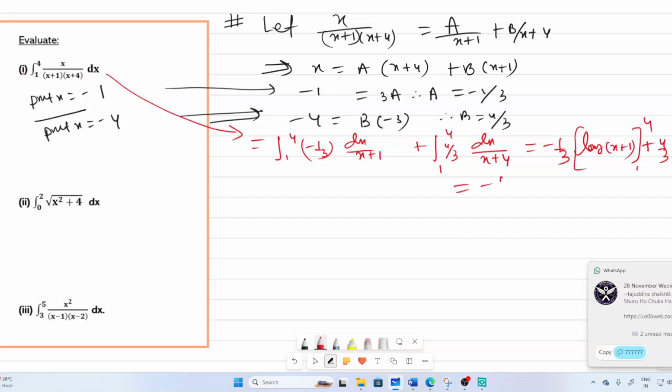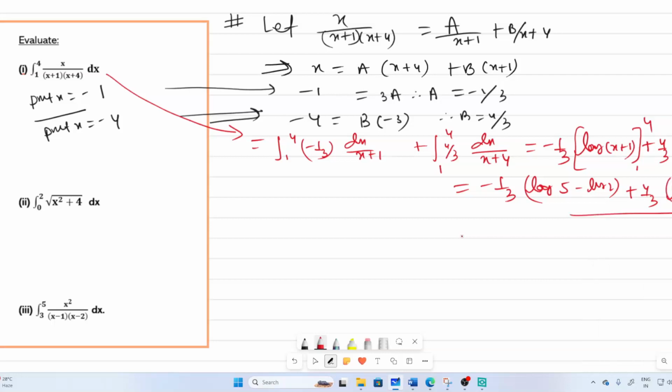The value is going to be minus 1/3 (log 5 minus log 2) plus 4 by 3 (log 8 minus log 5). A little bit of simplification will tell you the answer. You all can easily simplify it.